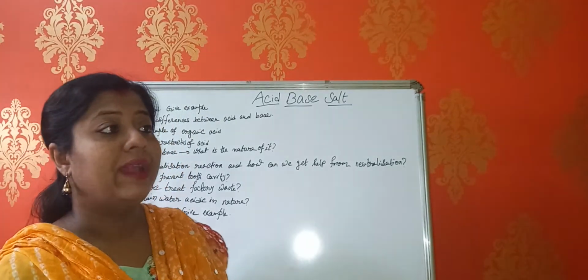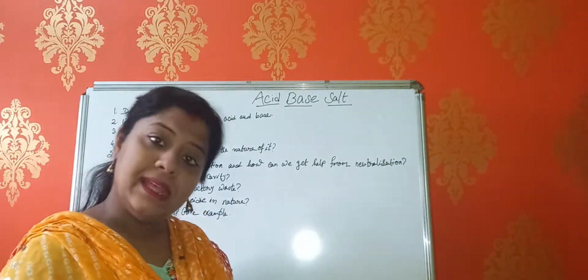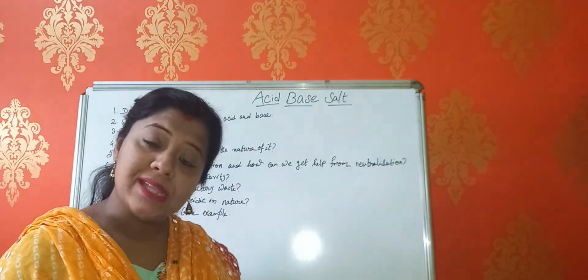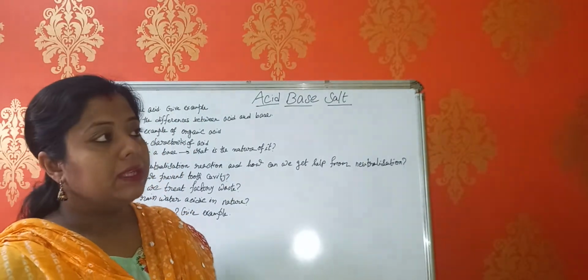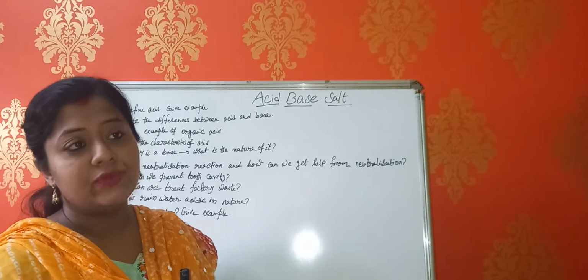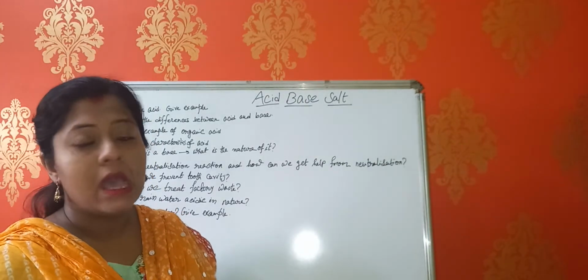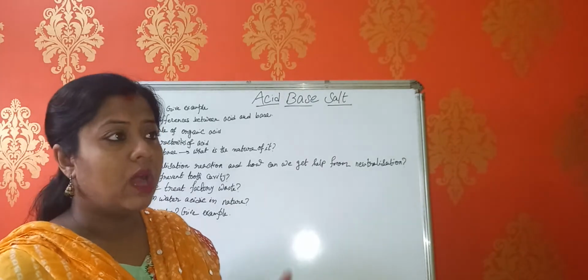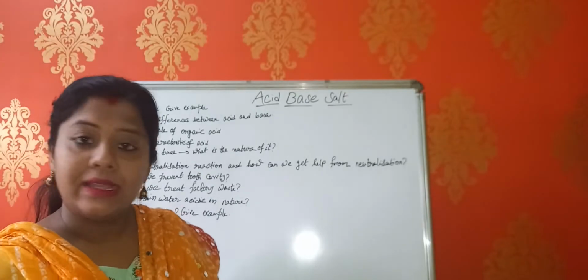After that, you can write their pH value. The pH value of acid is less than 7, and the pH value of base is greater than 7. After that, according to Arrhenius, we get hydroxide ion, OH minus ion, from a base, but we get hydrogen ion, hydroxonium ion, from acid. After that, you can give examples.